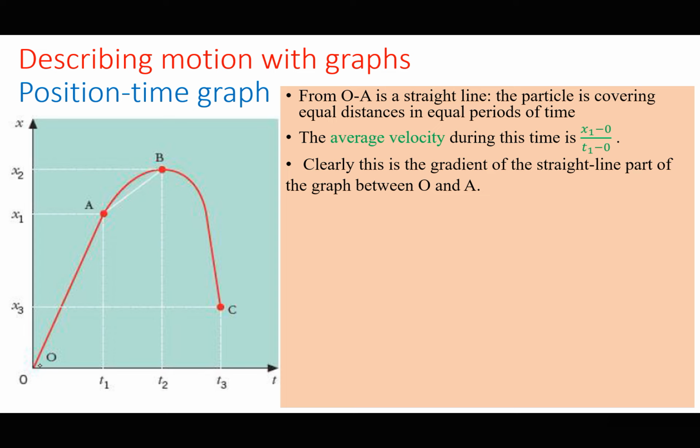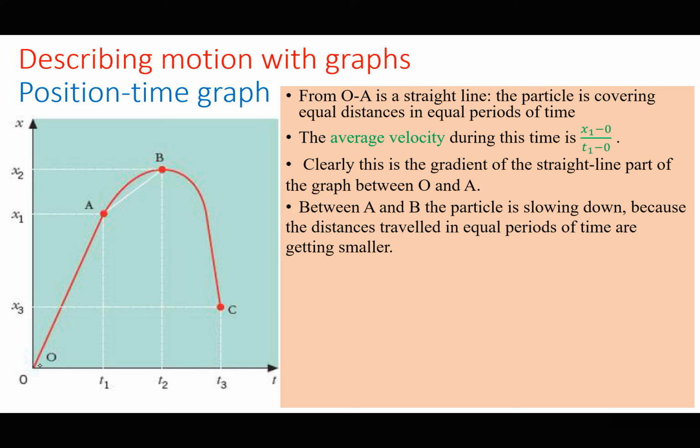Because there has been no change in direction, it will be x1 minus 0 over t1 minus 0, and that is actually the gradient of that straight line. Because it is a straight line, we know that the speed or the average velocity along O to A is going to be constant.